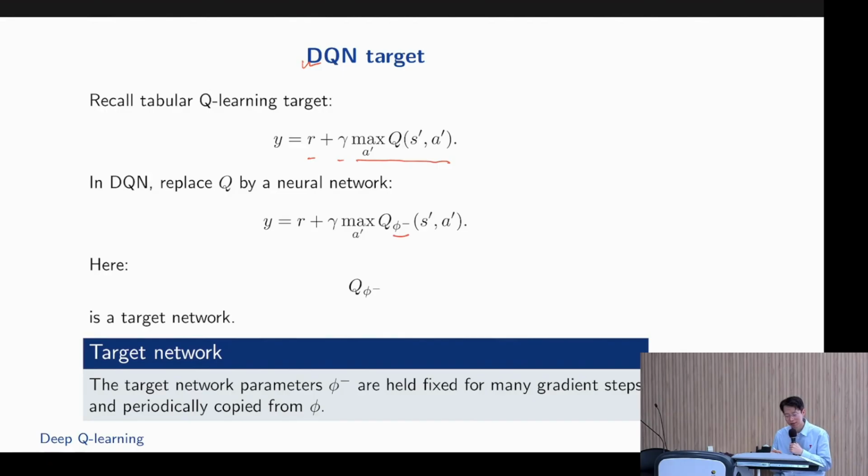This is a snapshot of the network, because in terms of the optimization, if you backpropagate through both the target and your variable, it can lead to numerical instability. So you just freeze the target and do regression towards that target, and only occasionally update your snapshot. Periodically, this is synced to the current value of phi for stability.